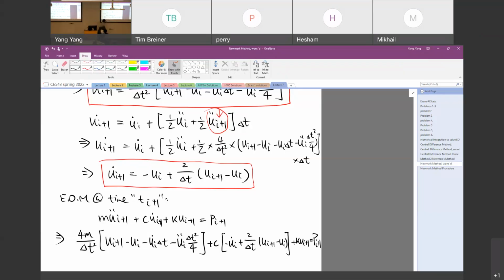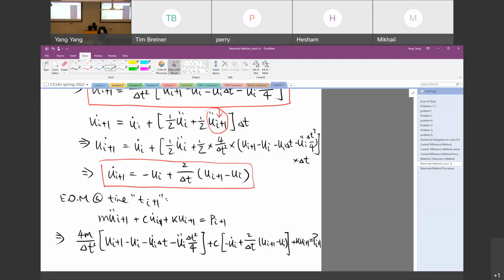for our type of problem, the response at the earlier time is known. Right? Everything in terms of i is known to us. So the only unknown one is the response at i plus 1. So as you can see here, how many unknowns in this equation?